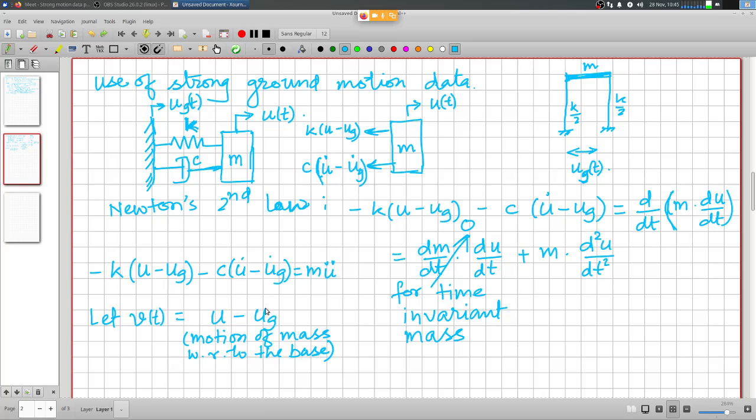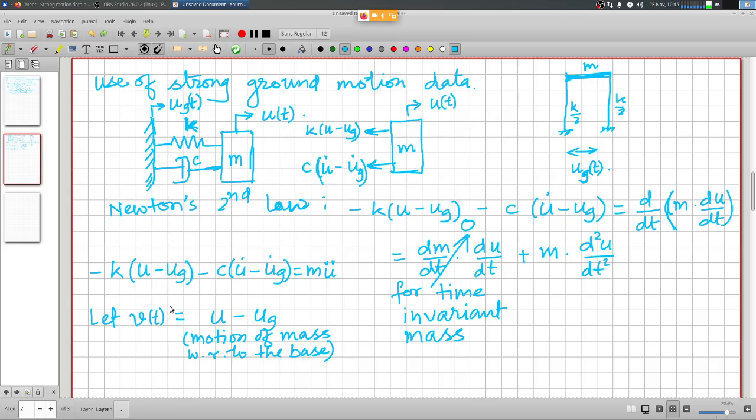So ug is the motion of the base. So I try to figure out what is the additional motion of the mass. Once I know the motion of the base, what is the additional motion of the mass? That is what I refer to as v(t), v as a function of t.